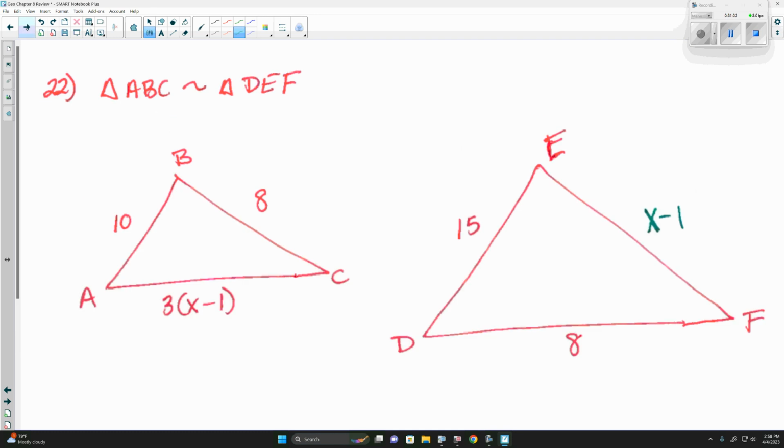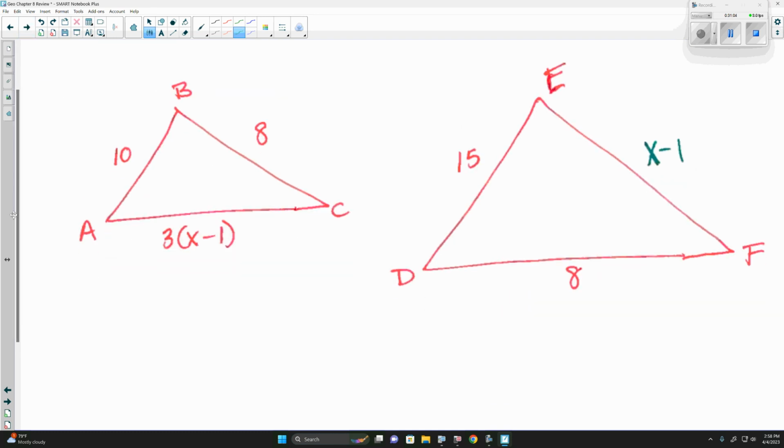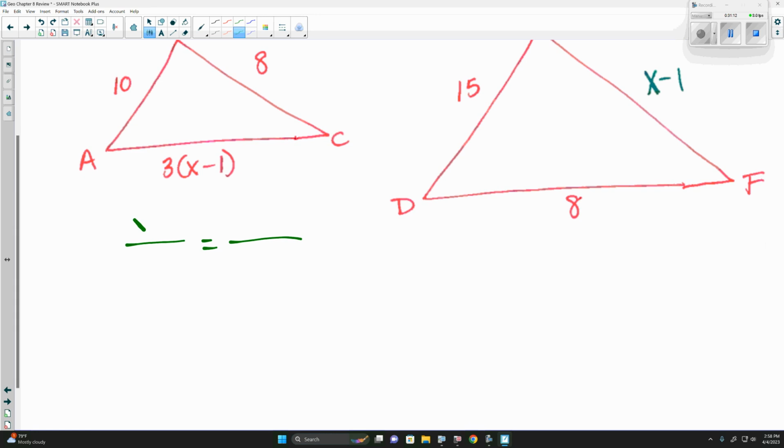22. If we look at this here, we can use x if we need a proportion. I can use x minus 1 over 8. Now I need to pick another side for our first triangle: 15 over 10, because x minus 1 over 8 match up.